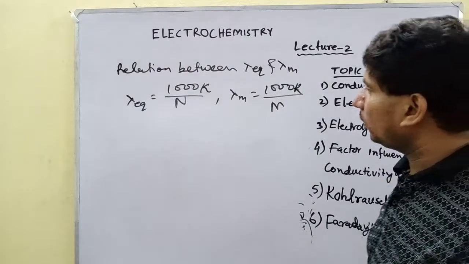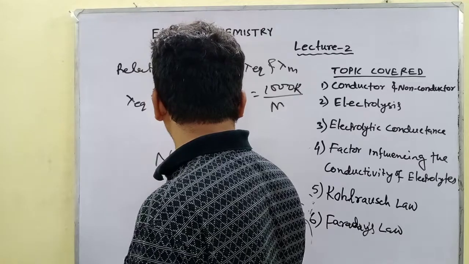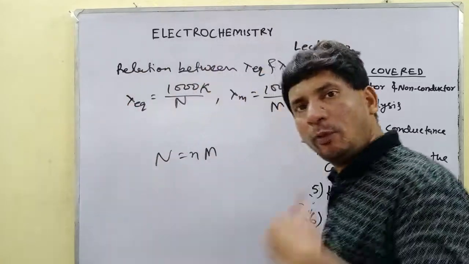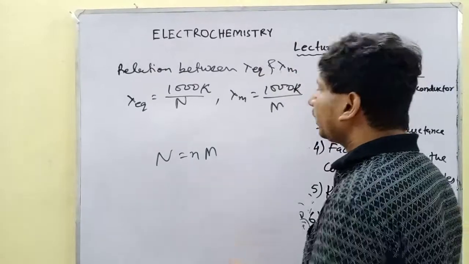Then we know that normality equals n factor times molarity.